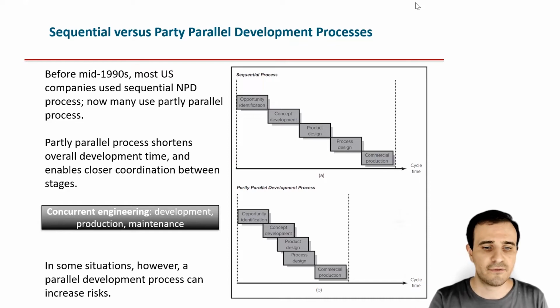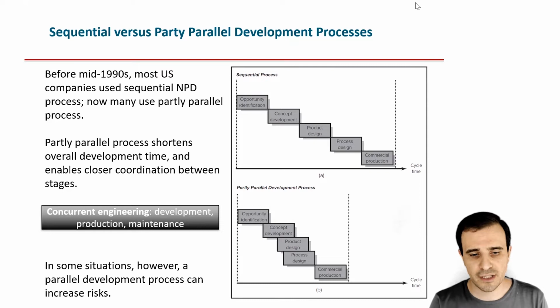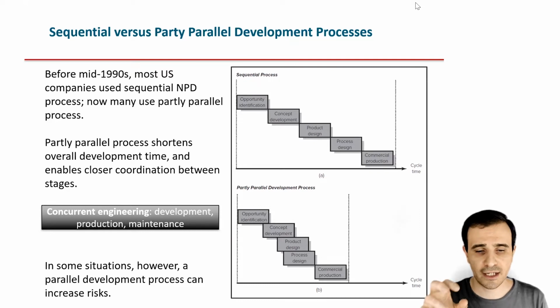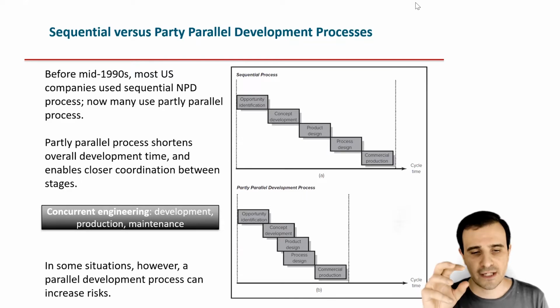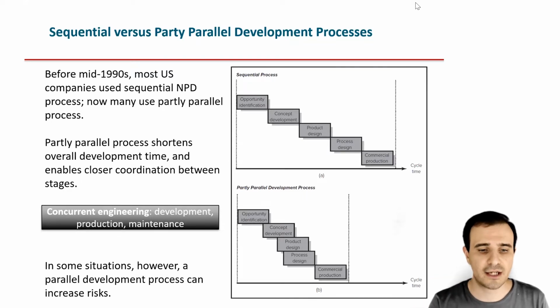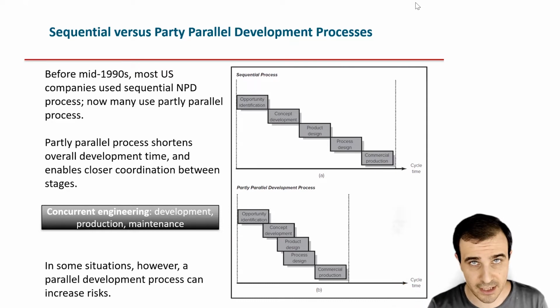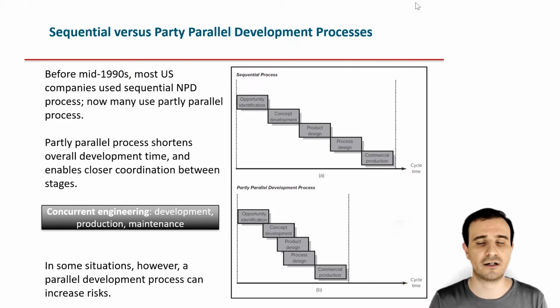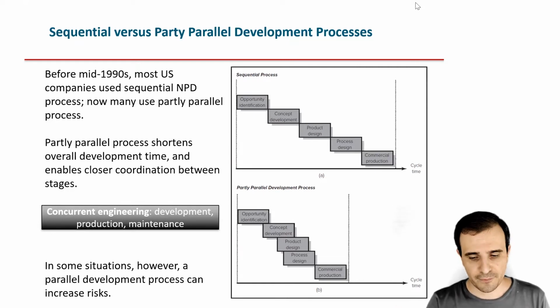As you can see, the partly parallel development process conducts synchronously the development of a concept, the product design, and the process design, and then later moves on to commercial production.